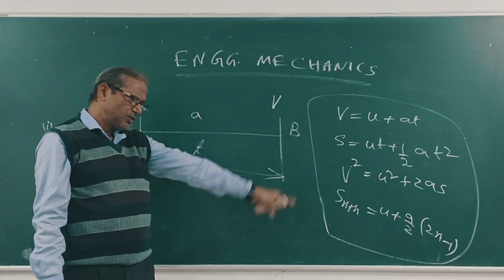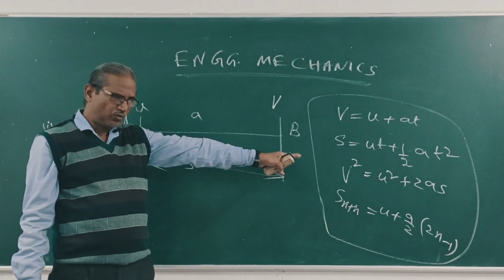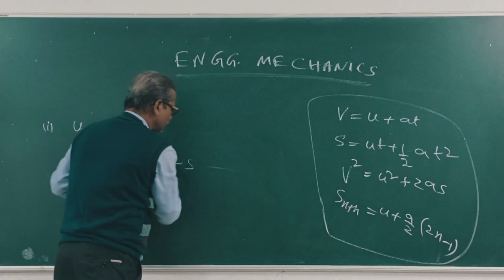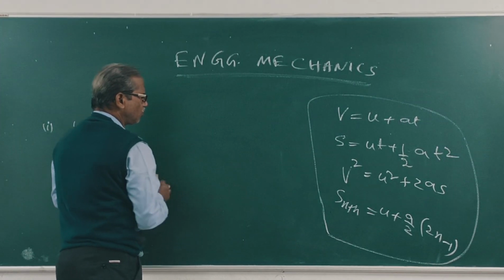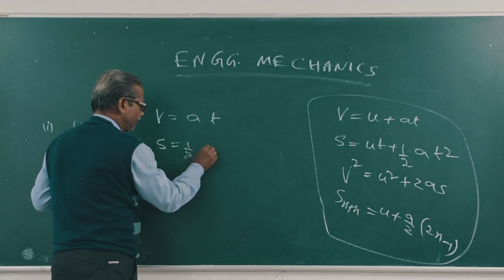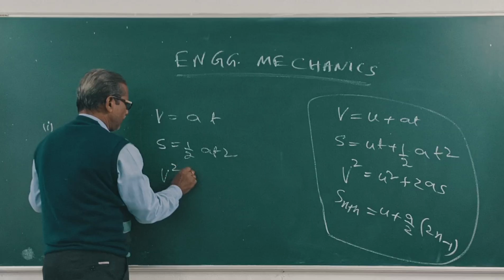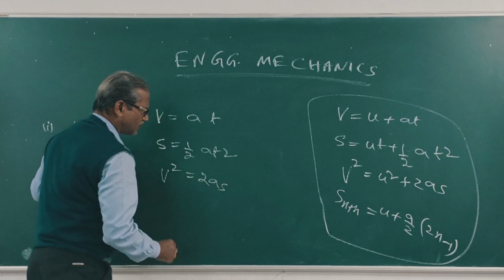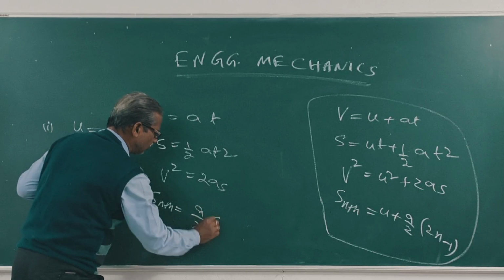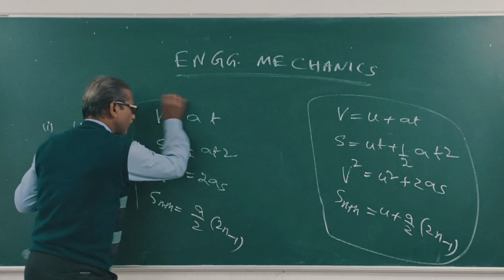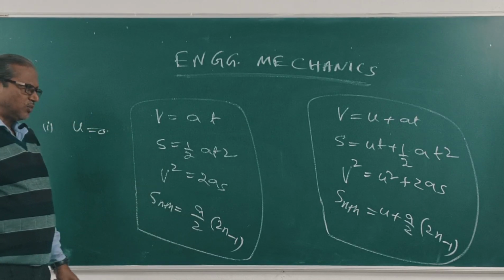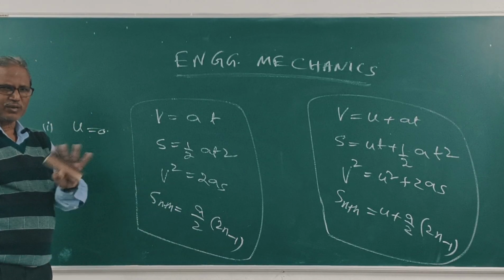Put u = 0 in all the equations. So v = at, s = ½at², v² = 2as, and s_n = (a/2)(2n − 1). Clear? These are the equations of motion when the body starts from rest.